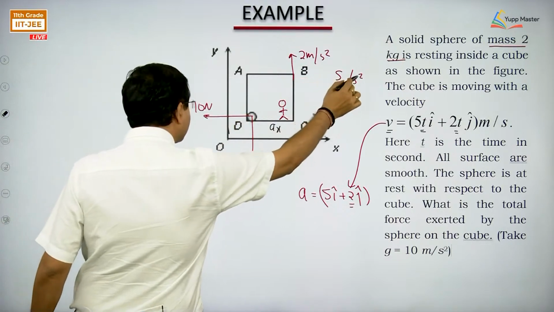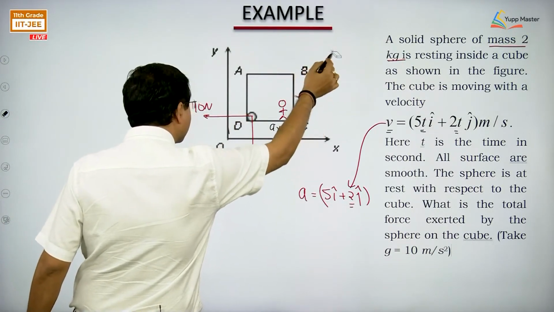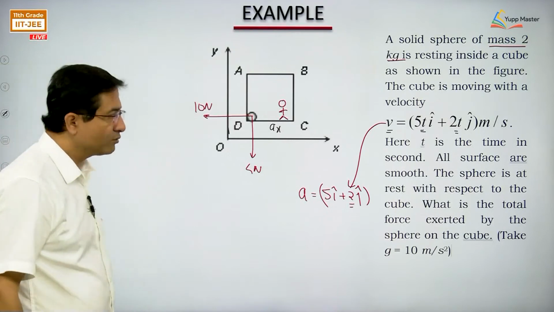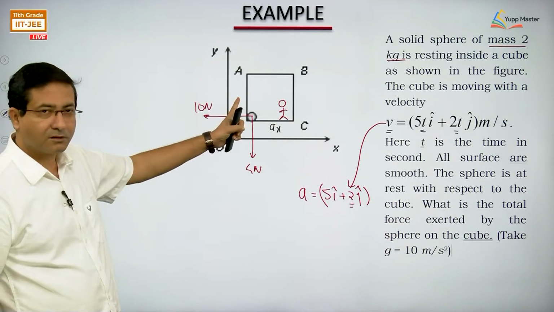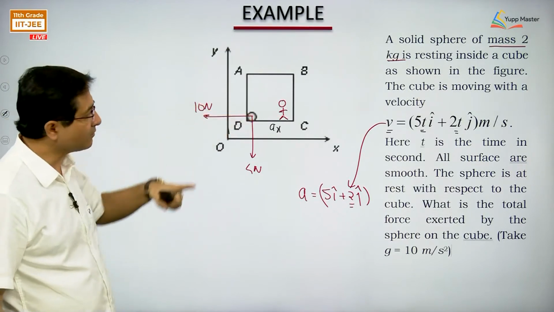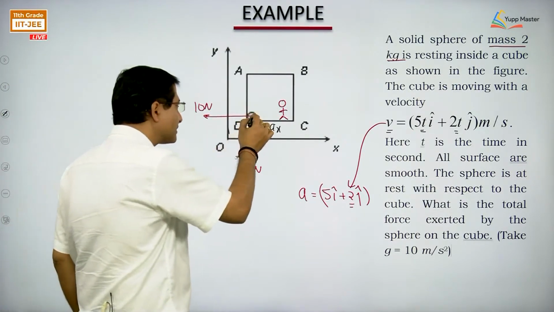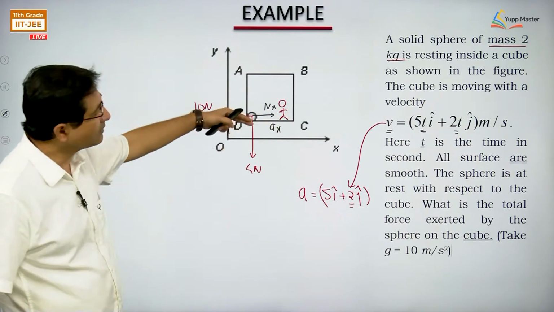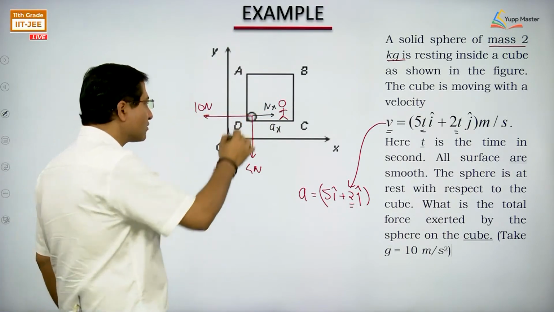After adding these pseudo forces, I am going to observe real forces. So you can see the ball is in contact with this vertical wall and with this horizontal surface. So this vertical wall will be exerting a force, let's call it Nx, and this horizontal surface will also exert a force, let's call it Ny.